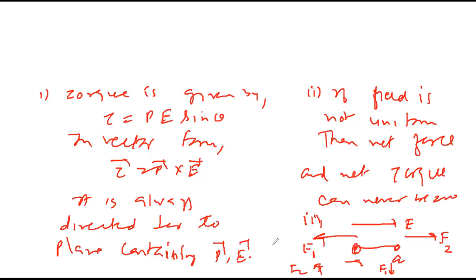Yes, sir. Understood. Sir, can you repeat this once? Which one? Second question? Third one? Third one, A part. This is the increasing field in the direction of dipole moment.